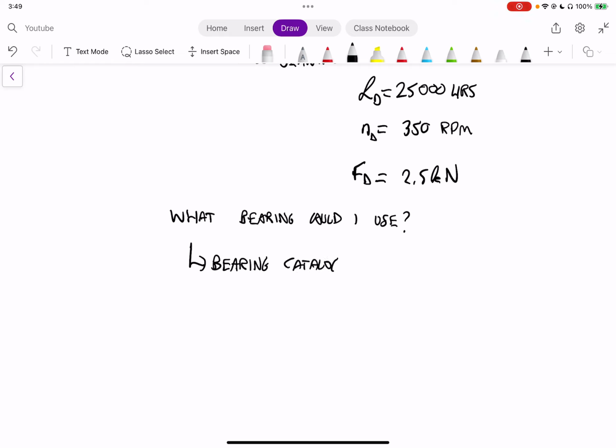Here, I just want to find the value of my bearing catalog that I would have to go find. So in my bearing catalog, I know that I have values for C10, or in other words, I have values for my FR or F rated. So I'm going to need to find what bearing I can use. So the first thing I would do is write the equation down.